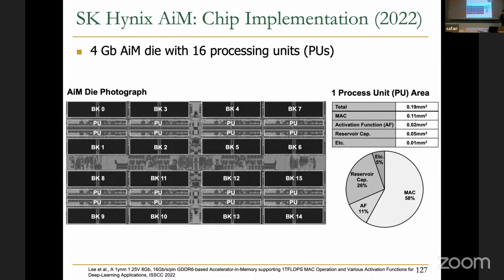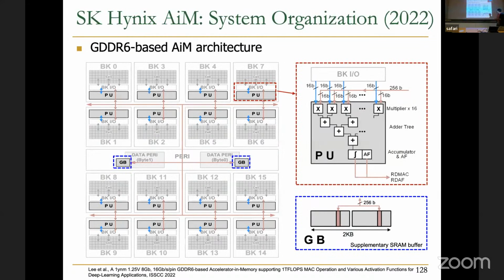In the end, they are also focusing on the same type of applications, and that's why each PU is basically a multiplier, a 16-lane SIMD multiplier, and then there is this other tree in order to perform reductions, additions, because that's basically what you need when you're doing a matrix multiplication or a matrix-vector multiplication. It's a dot product where you first multiply and accumulate, and that's what you can do using these PUs here.